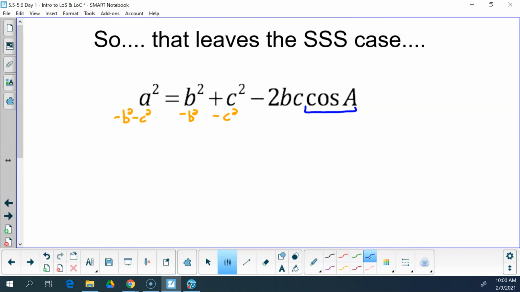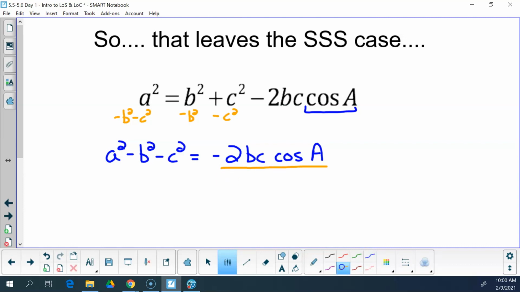So that's going to give me A squared minus B squared minus C squared is equal to negative 2BC cosine of A. Then I would have to divide by negative 2BC on both sides.